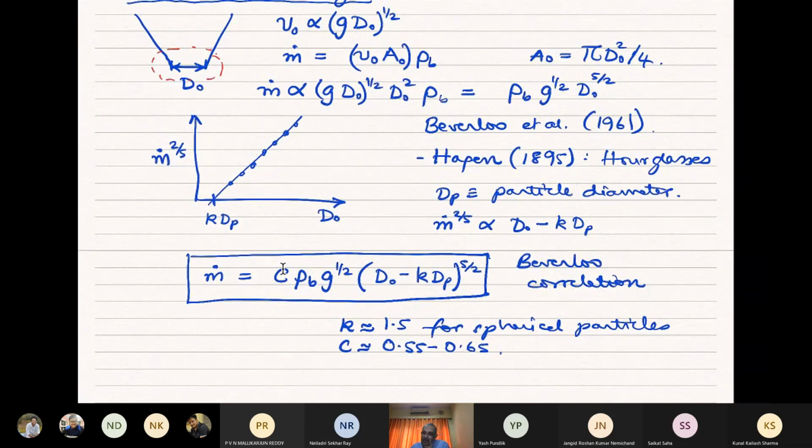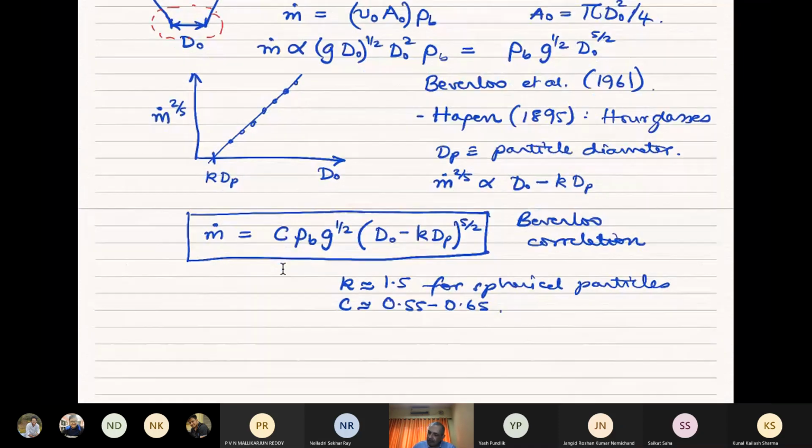You can say this is really where all the resistance to flow is, only at the exit, and that's why the other dimensions don't seem to matter very much, because as long as you're continuously supplying particles to this region, then whatever is the maximum that the flow can sustain through this is what will determine it.